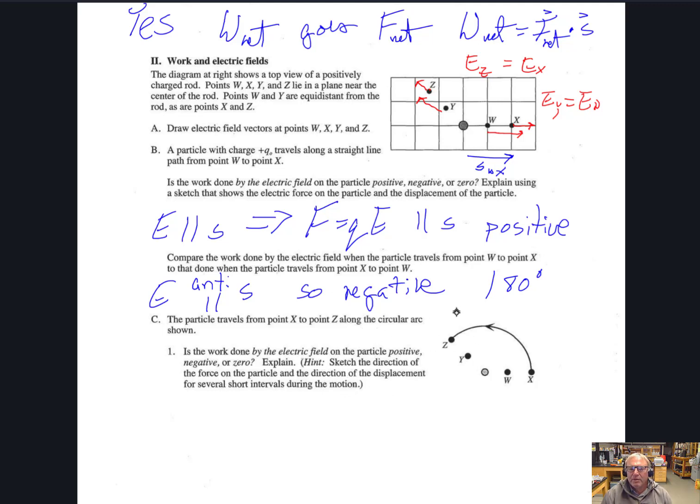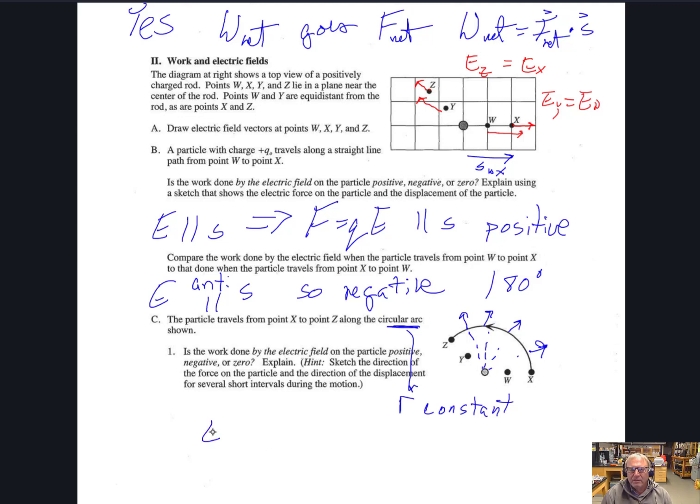So, it travels from X to Z. Okay, so the F vector is always going to be parallel to the radius vector R, constant, because it said circular arc.